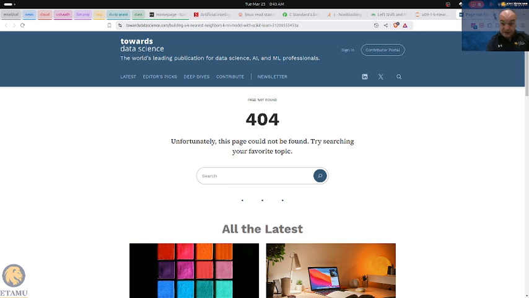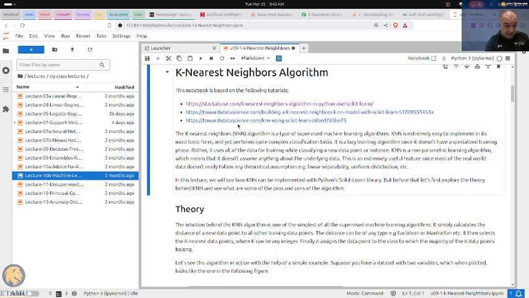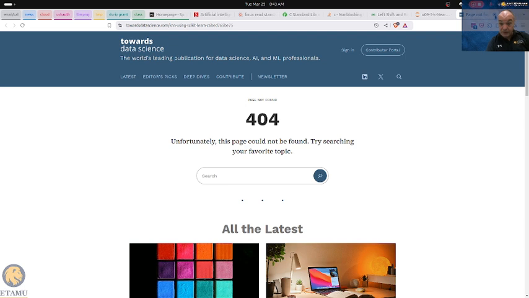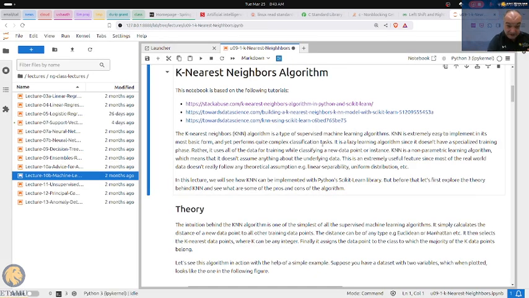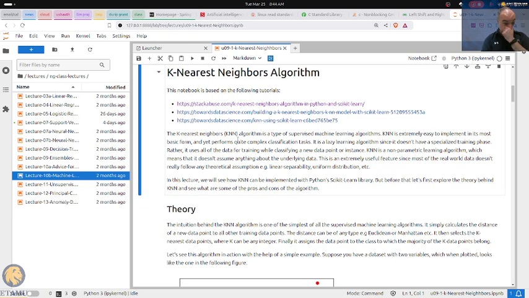Sorry, I need to update those. It looks like only the first one is working right now. So probably if you Google that title, they probably just moved the page, hopefully, on the Towards Data Science one if you want to find those. I'll try and fix that and update those links.